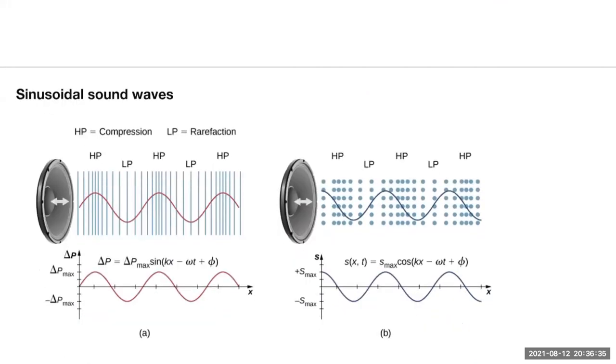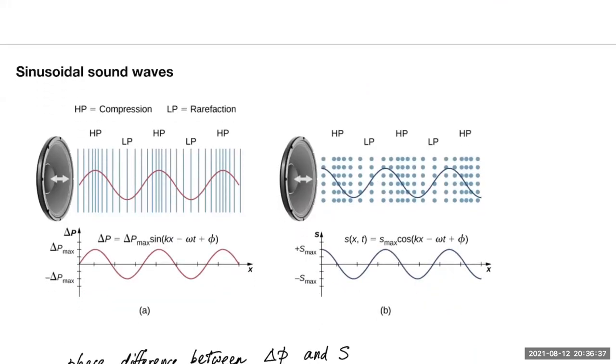So we have some plots for both the pressure variation and displacement of air molecules for a sinusoidal sound wave. You have a speaker producing sound. The left side of this plot is for delta P, the pressure variation caused by sound. The right side is a plot of displacement. The air molecules move back and forth, causing a pressure variation.